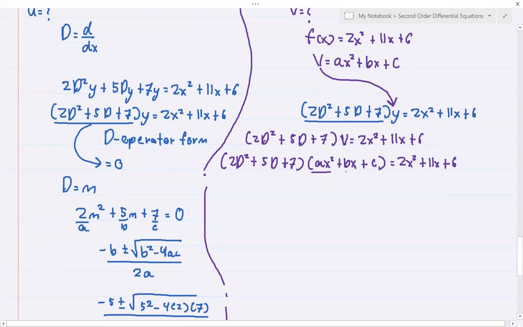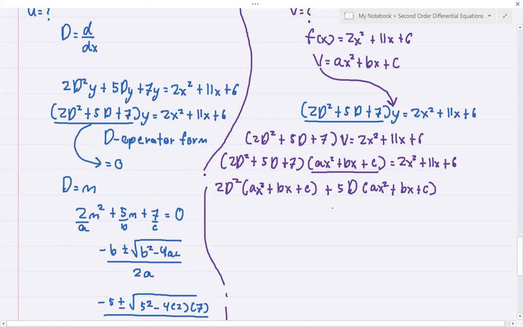Now, as always, we're going to distribute this expression. So we will have 2d squared of ax squared plus bx plus c plus 5 times d of ax squared plus bx plus c.